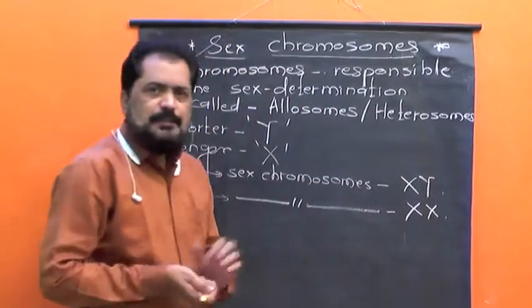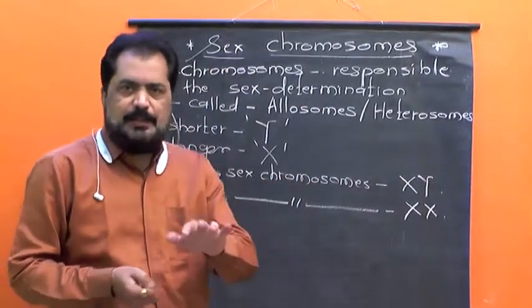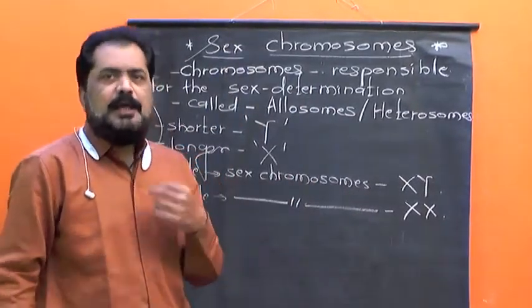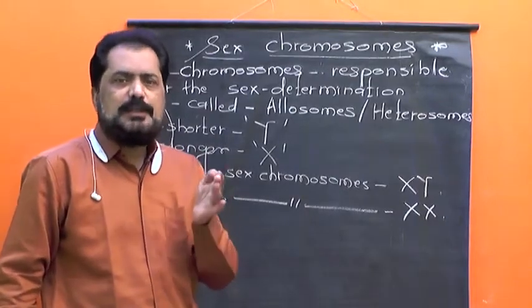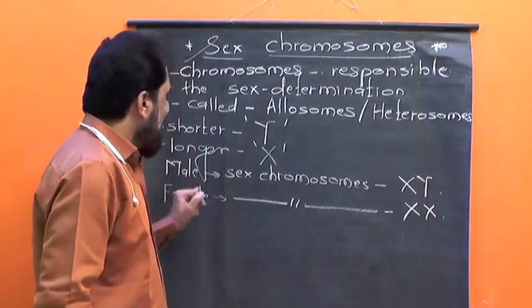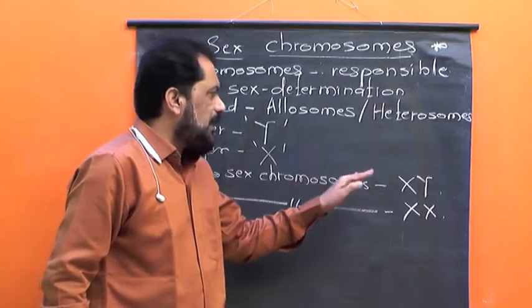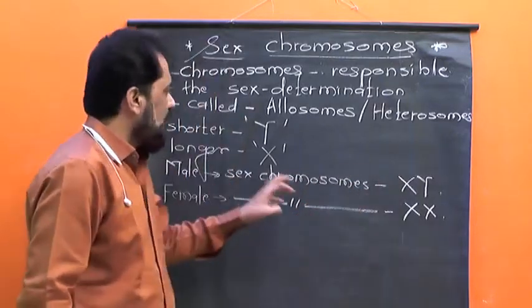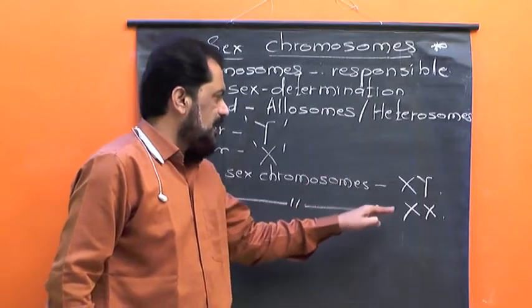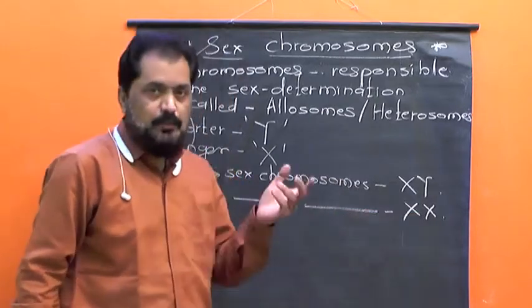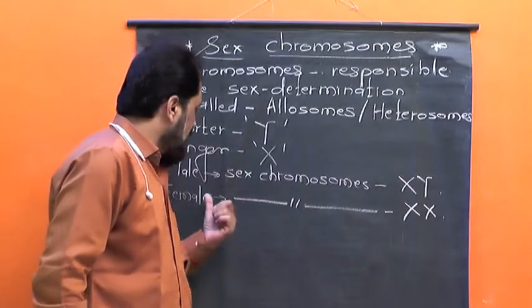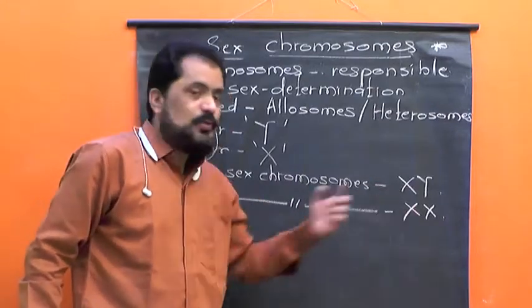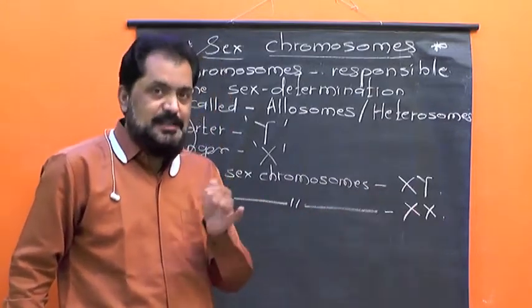So here simply we can say that in mammals, including human being, as well as in most of the insects, the male sex chromosomes are represented as XY and female sex chromosomes are represented as XX. Now here, as in female, both the sex chromosomes are identical, similar.